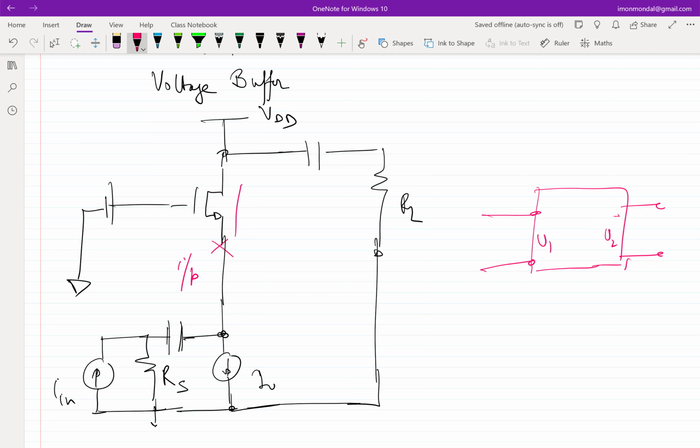This is the output terminal V2, where V1 in this case is this one, because the input is getting connected here. And V2 is here. V2 is this, right? So will the incremental current that emerges out of this contraption flow into RL, or will it flow into VDD?